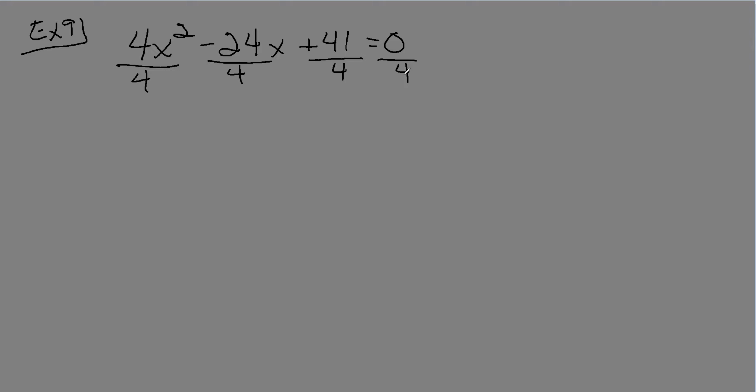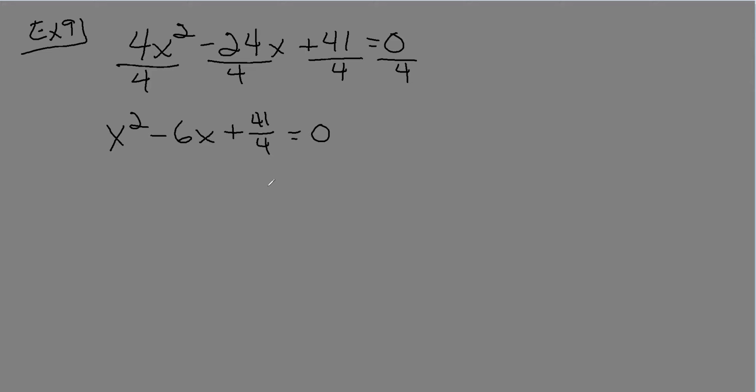All right, so as I do that, it's going to start to break down to be x squared minus 6x plus this 41 over 4 that equals 0. And that's how it's changed. So now I've got this 41 over 4. I'm not even going to try to solve that the traditional way.